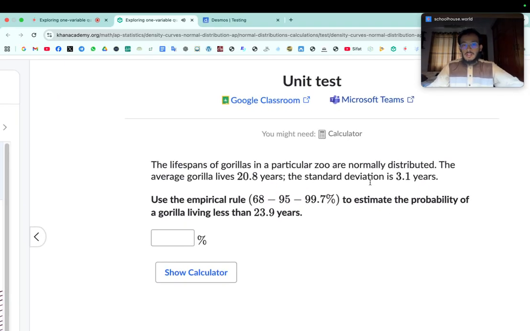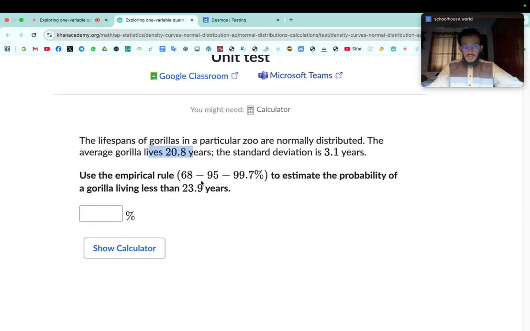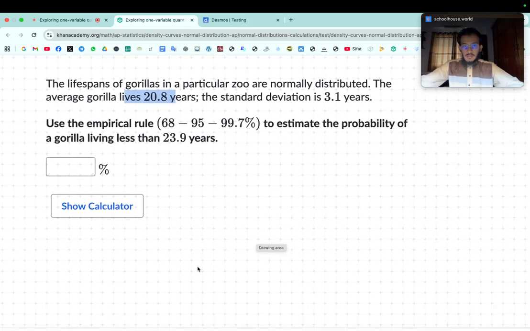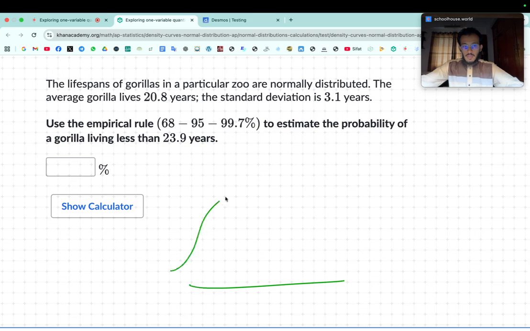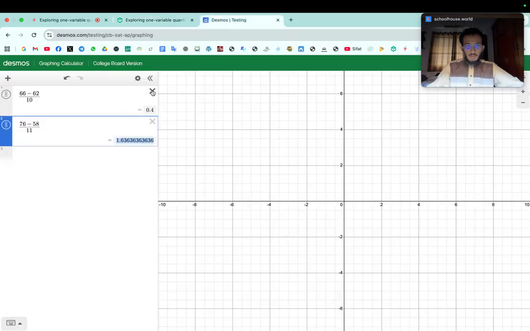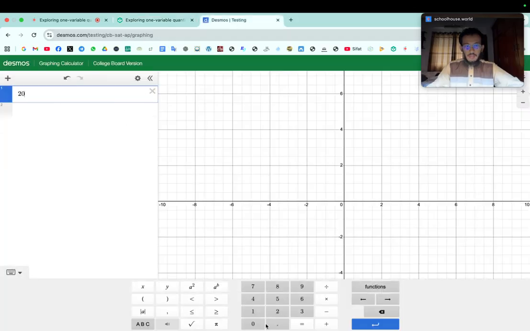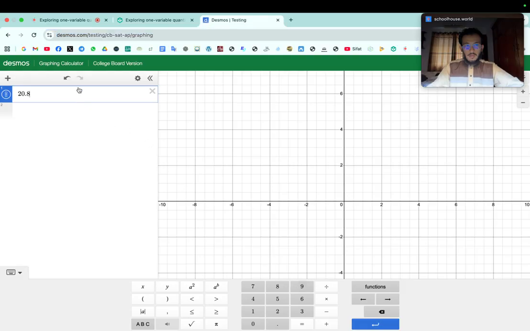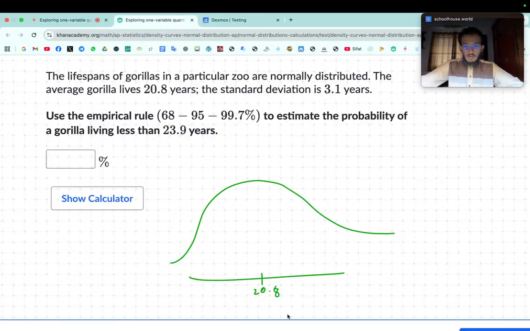The lifespan of a gorilla in a particular zoo is normally distributed. The average gorilla lives, okay, so they have given us the mean of this distribution. So we use the empirical rule, which is 20.8, and the standard deviation is 3.1. They're allowing us a calculator, so 20.8 plus 3.1 is 23.9.